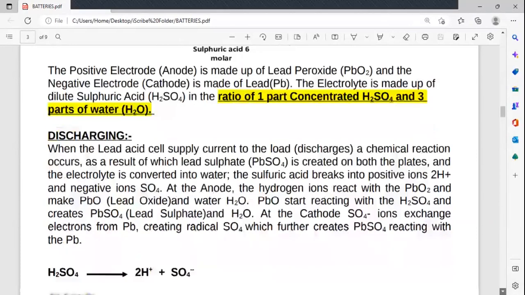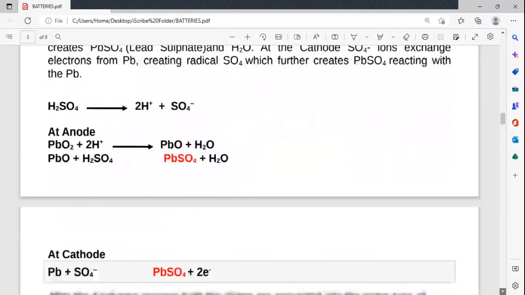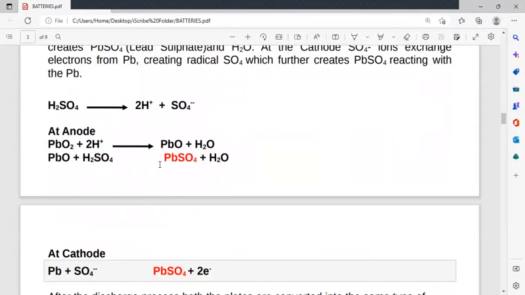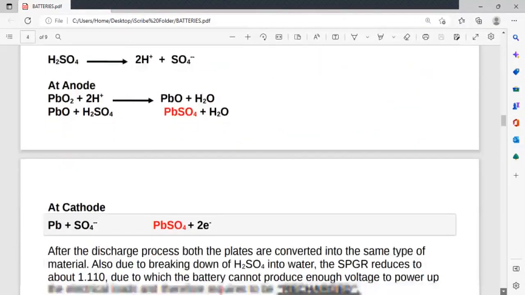Very quickly, the discharging sequences at your anode and cathode. We saw that your anode PbO2, lead peroxide, is converted into PbSO4, plus you're adding water both at the anode and the cathode, and both anode and cathode are turning to PbSO4, lead sulfate.